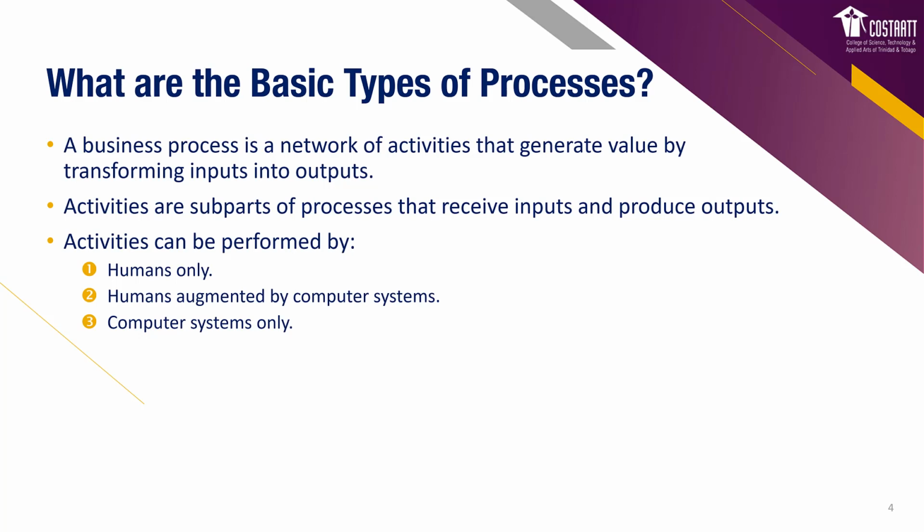And we had said that these entities, computers and people, are the actors. This is what we were referring to. The computers and the humans are the ones who can perform or act out the activities in an organization in its various processes.